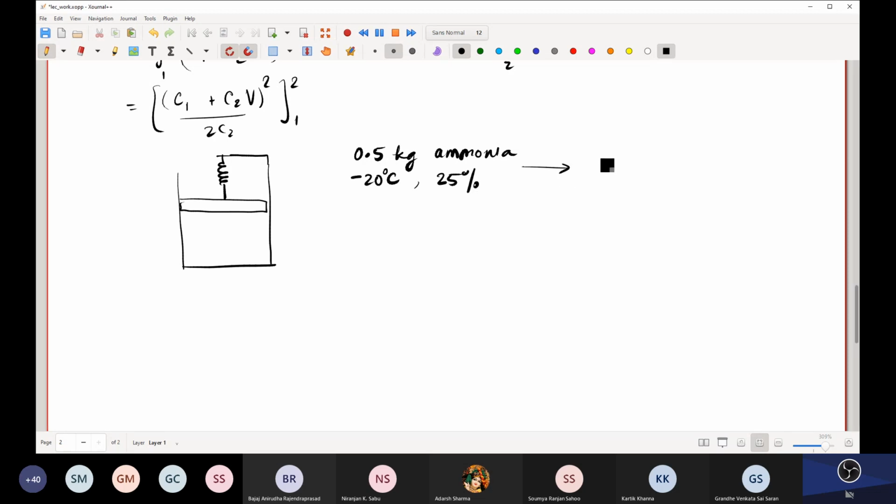And this ammonia is heated to 20 degrees Celsius, at which point the volume is 1.41 times the initial volume. V final, or if I call this V2, is 1.41 times V1, whatever V1 is.